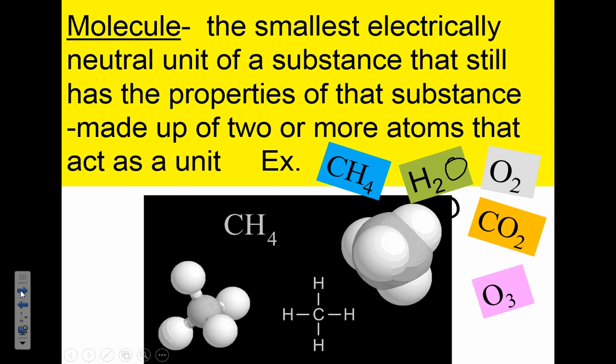The way we tell how these things bond goes back to the kind of element that's in the compound. So let's look at the elements here and decide whether they're metals, nonmetals, or metalloids. We have carbon, hydrogen, and oxygen in all three of these.